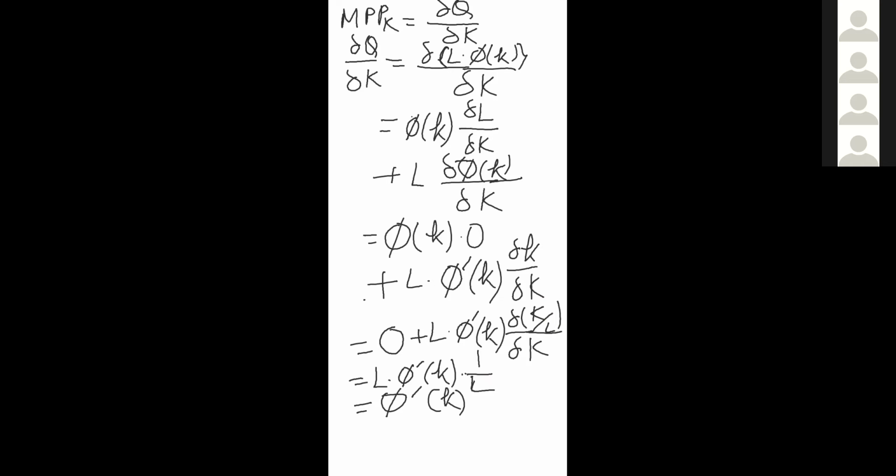So phi prime of small k means that the marginal physical product of capital is a function of the capital labor ratio. So what about the marginal physical product of capital? Do you know the formula of the marginal physical product of capital?